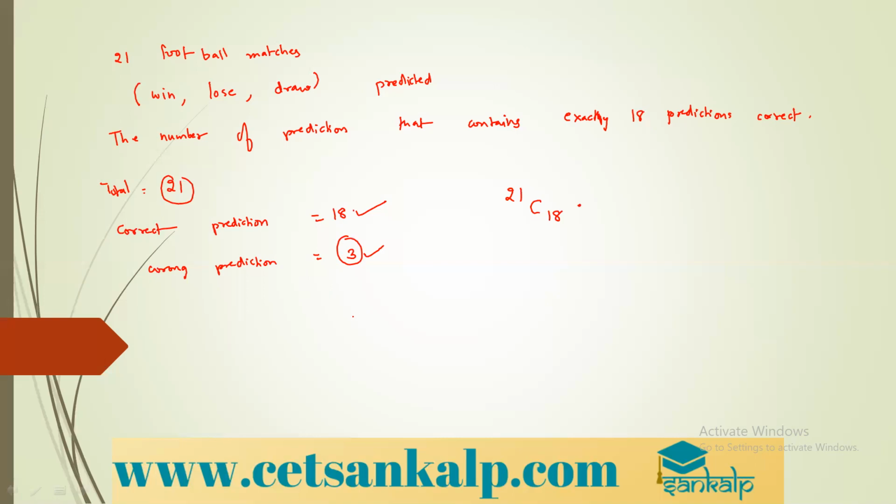So that means it is repeating. Listen carefully, there are 3 wrong predictions. This wrong prediction, this wrong prediction, this wrong prediction. Why did it become wrong? Because I said win instead of lose. So 2 ways are there for me. When I got a wrong prediction, actually 2 choices were there: winning, losing, or winning, drawing, or losing, drawing. 2 choices are there.